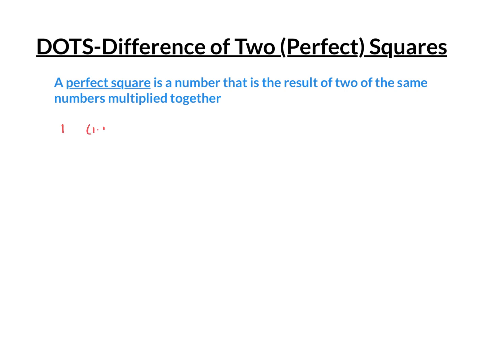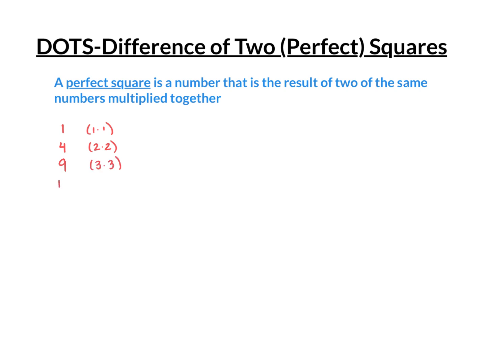Because 1 times 1 gives me 1. The next perfect square would be 4, because 2 times 2 gives me 4. 4 is the result of two of the same numbers being multiplied together. 1 is the result of two of the same numbers being multiplied together. The next one would be 9, because 3 times 3 gives me 9.